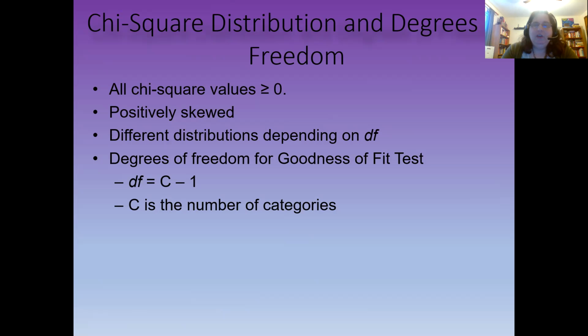And again, while I won't ask you to calculate the degrees of freedom per se, it's handy because it's good to be able to look at your output and know that it's actually representing what you intended it to represent.